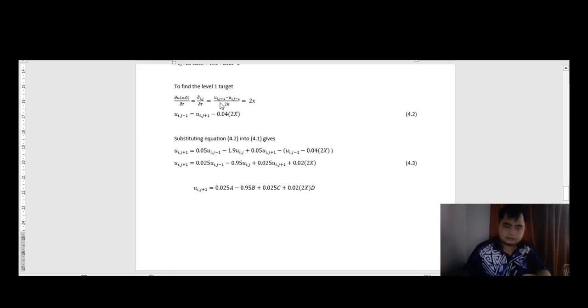As I mentioned just now, this is the difference between the PDE above and below, 2k and 2x. It becomes 0.04 over 2x, and we bring the 2k to the front and divide the whole equation. It becomes 0.025a minus 0.95b plus 0.025c plus 0.0 over (2x) and d.